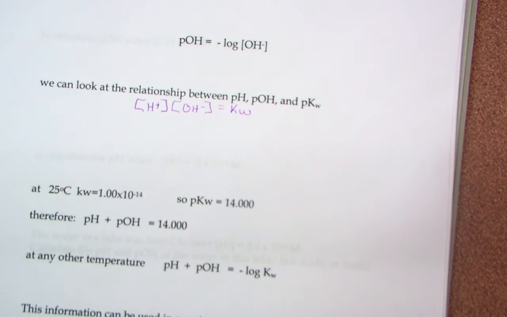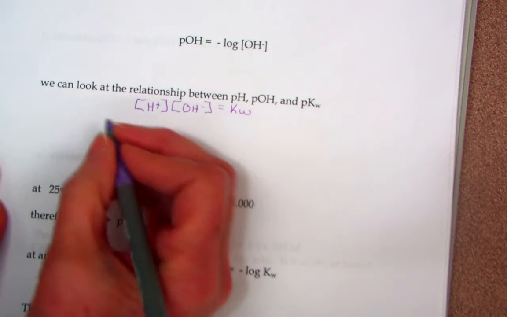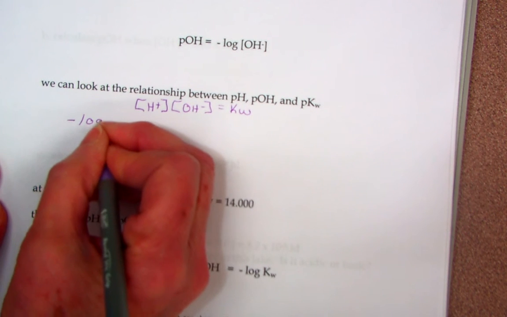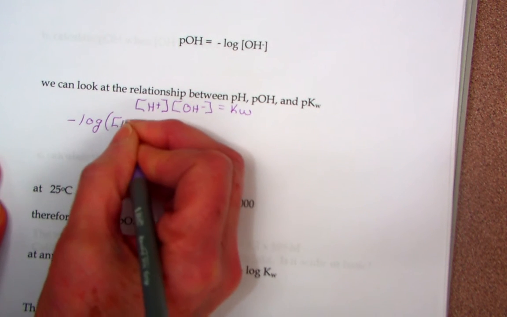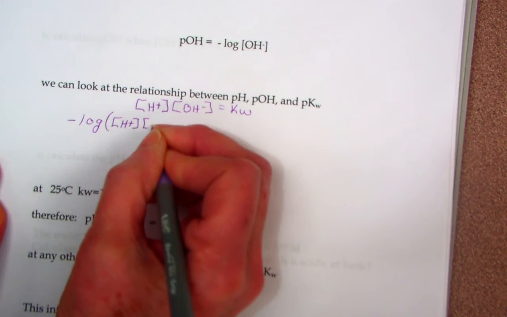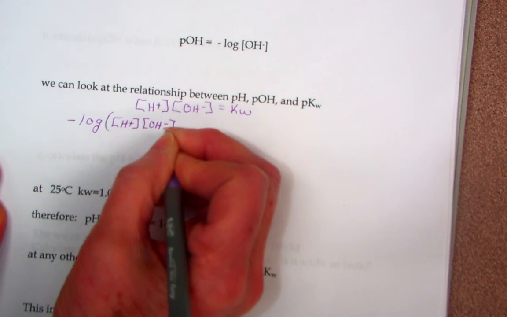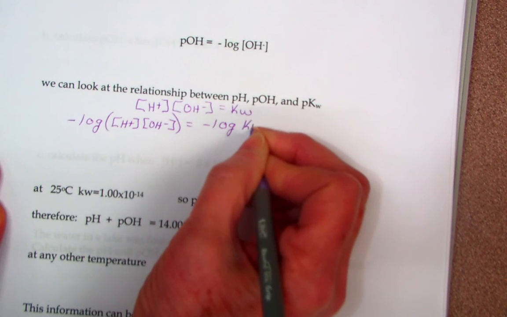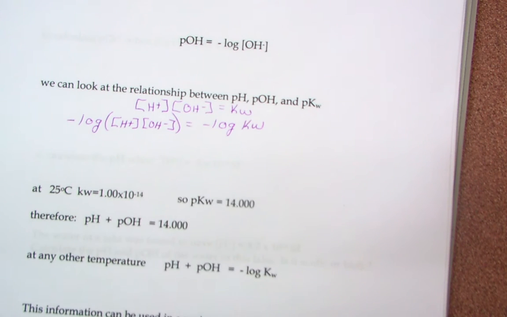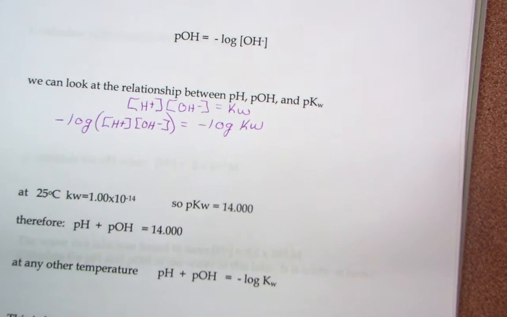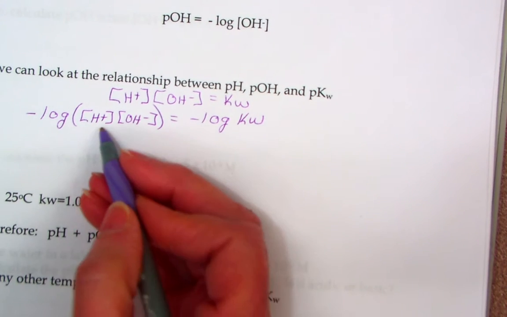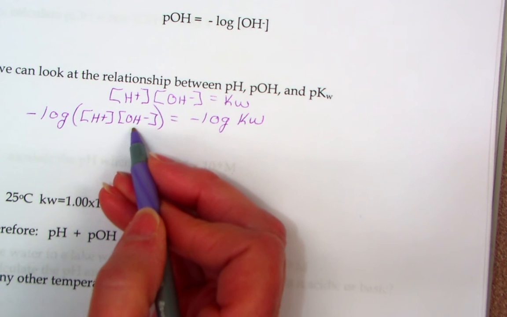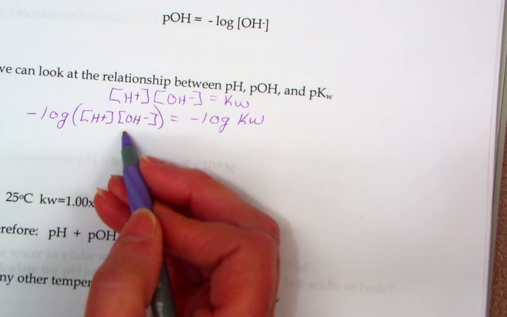So if I take the negative logarithm of this equation, minus the log of the hydrogen concentration times the hydroxide concentration is equal to minus the log of Kw. Now, we said minus the log is our P function, what we're calling that. So when I look at this, I have the hydrogen times the hydroxide concentration multiplied together in these parentheses.